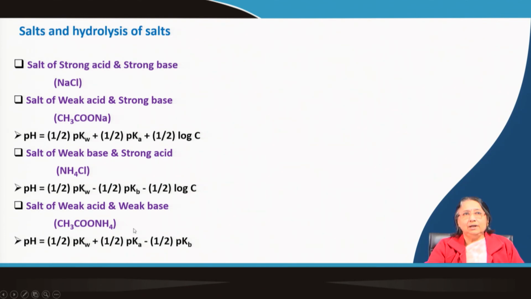Depending on how weak the acid and the base are, the overall pH will depend. So depending on the strength of this weak acid and weak base, you have to calculate and see what the pH of the solution comes to.